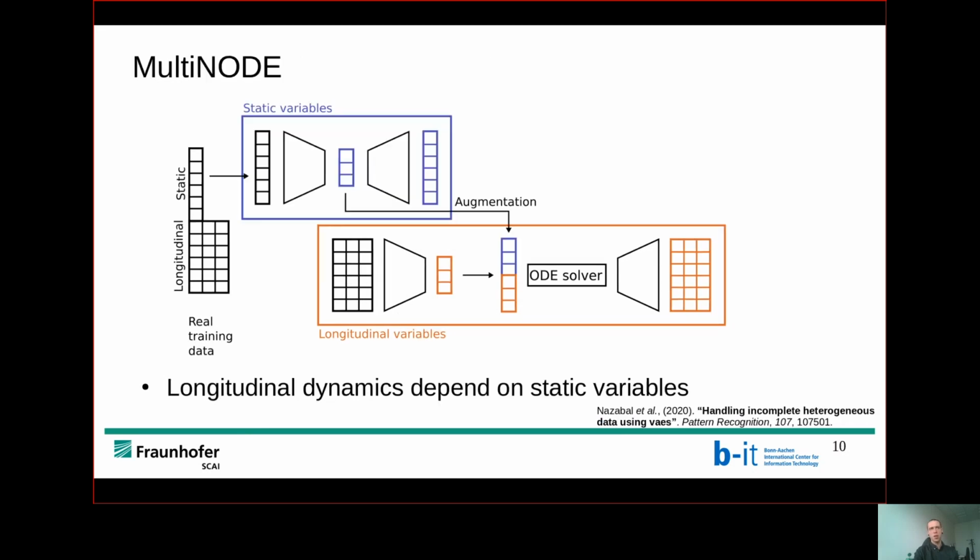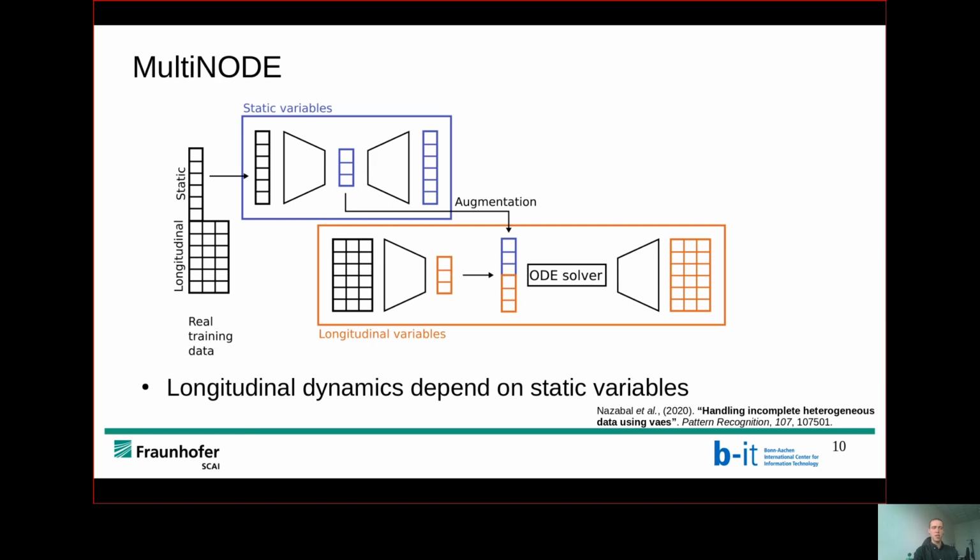To include the static information here, we append another variational autoencoder structure to the multinode structure, which was originally introduced by Nazabal et al. in 2020. It's also called a HIVAE.